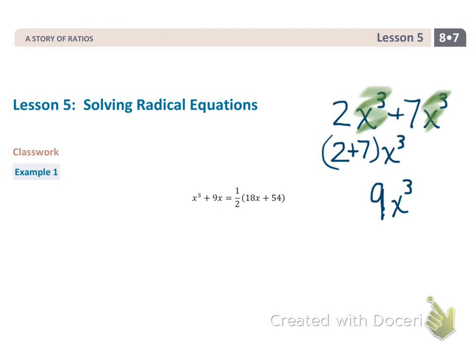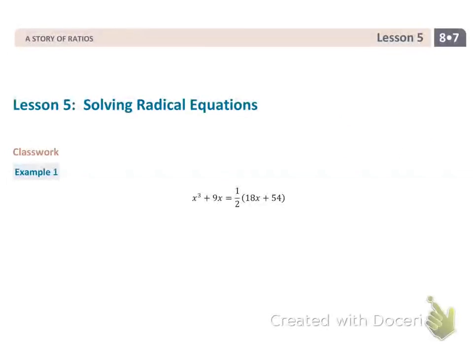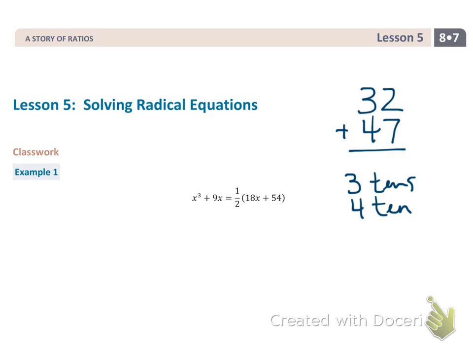It's kind of like when you are doing addition. Kind of like, I'm adding two double-digit numbers. I've got 32 and 47, and I want to add those two together. And so I think of it as 3 tens and 4 tens, which is really 3 times 10 and 4 times 10, right?